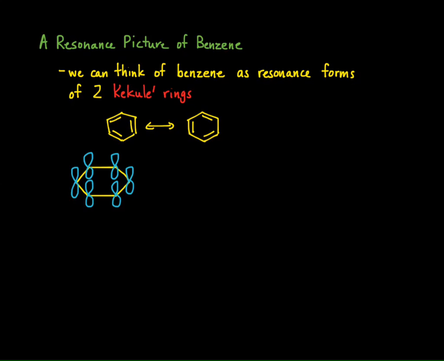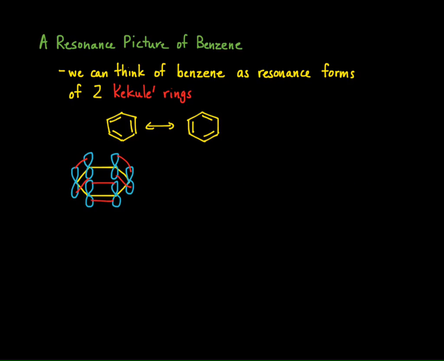So I can think about an orbital picture, not quite a molecular orbital picture, but I can envision that in this resonance structure, each carbon is sp2 hybridized, and so each carbon has a p orbital. And those p orbitals are used in creating the pi bonds. So what I have is a pi bond between these two carbons, and then a pi bond between these two carbons, and I have my third pi bond between these two carbons.